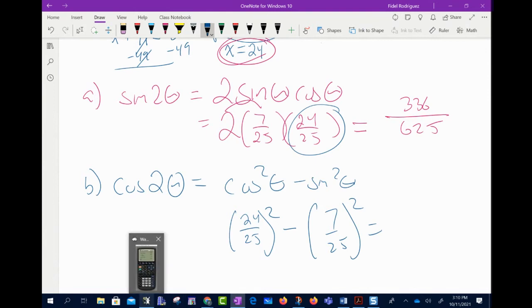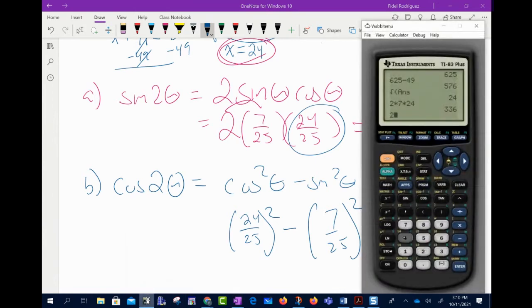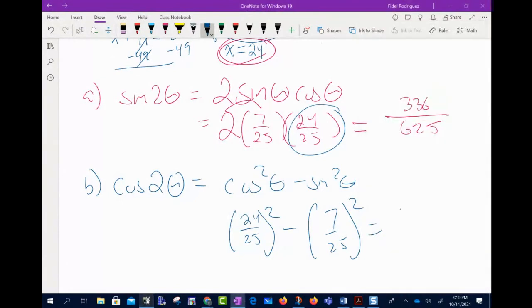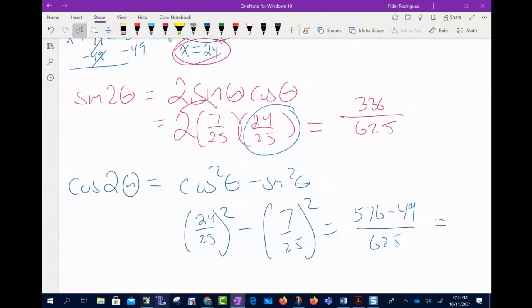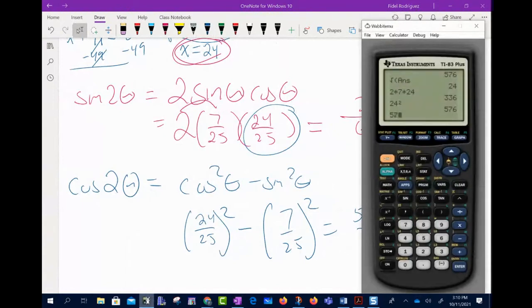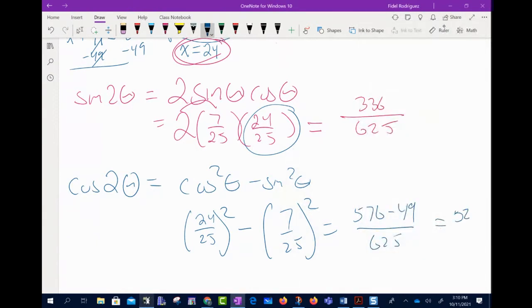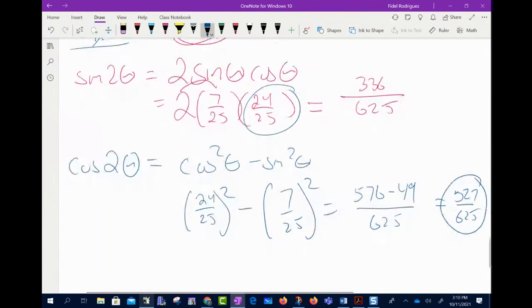Okay. So what's 24 squared? 576 minus, I know 7 squared is 49, over 625. So 576 minus 49, 527. There we go. So here's my answer for cosine of 2 theta.